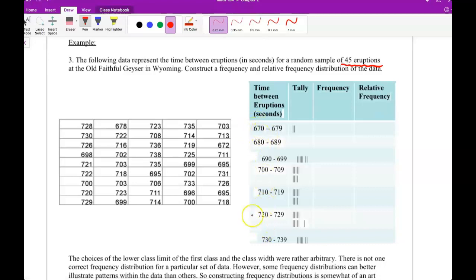These classes are based on the data that we have here. Here I want to find the maximum data value and the minimum value. This is the minimum number that we have in this table, and here is the max.